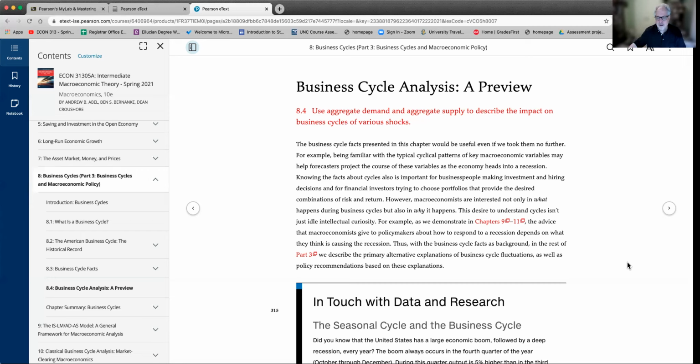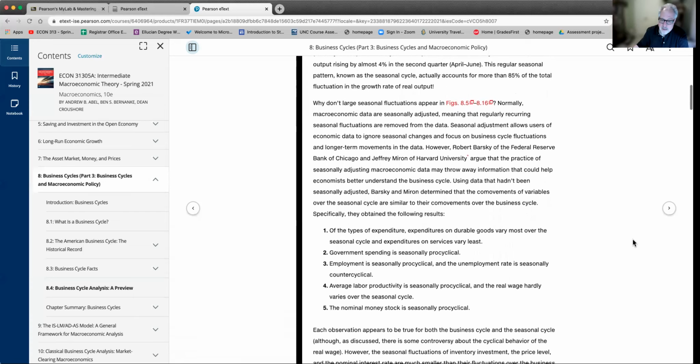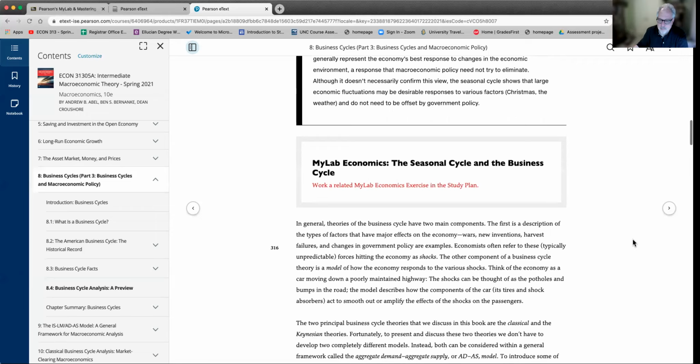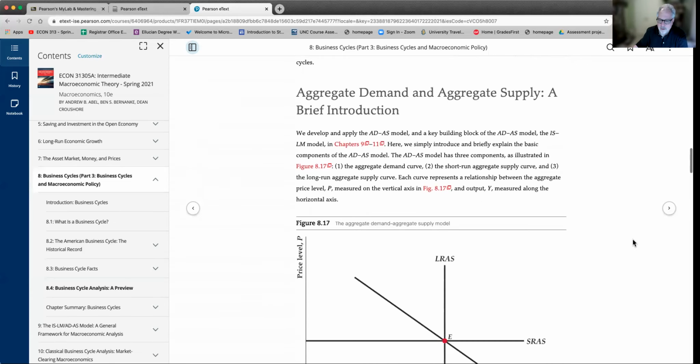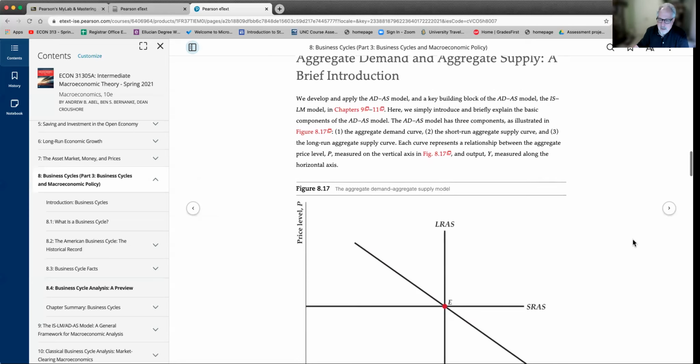And then aggregate demand, aggregate supply comes out of the ISLM-FE model. So the last section of chapter 8 discusses the aggregate demand, aggregate supply model, and gives an introduction about how we can use that model to explain economic data in the economy.